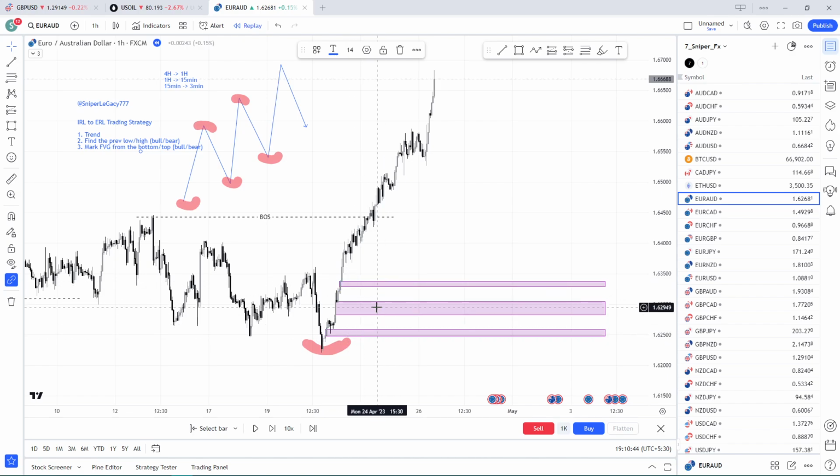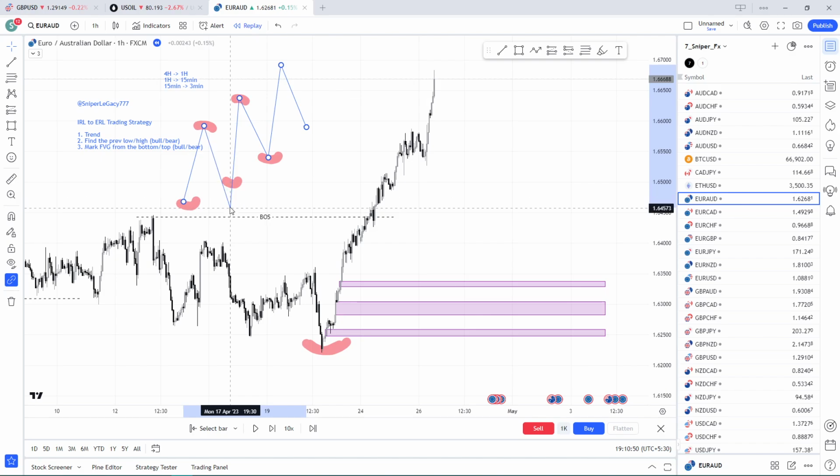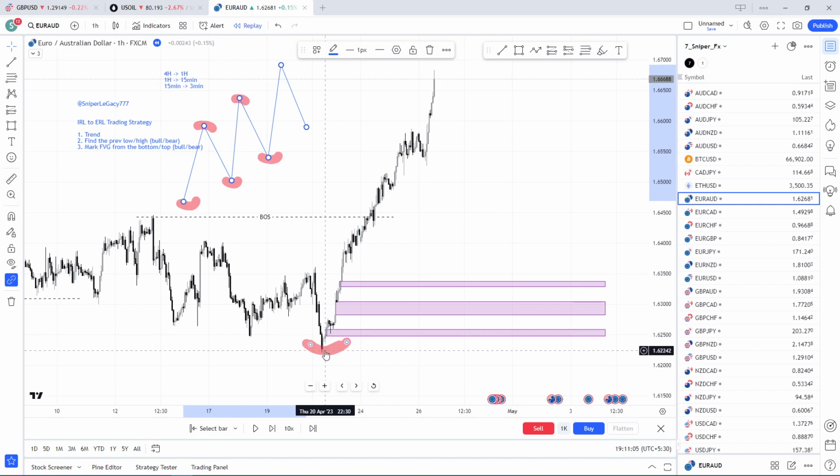The reason I have marked 3 FVGs, guys, is that we know that it is going to come back, and how many times can the low be exactly equal to the previous low, right? I mean, this probability is very less because the next low will always be higher than the previous low. And if we see this FVG, this FVG is very close to the previous low. I know this is the highest rewarding trade, but a less probable trade.